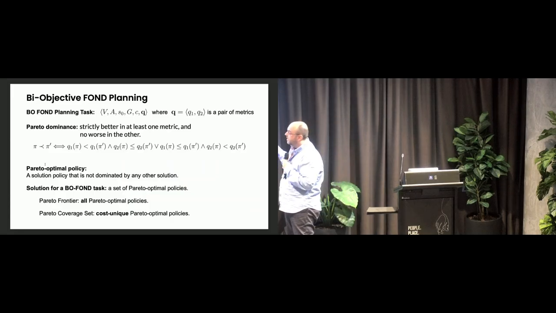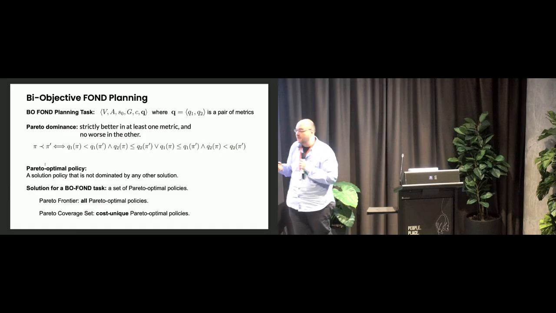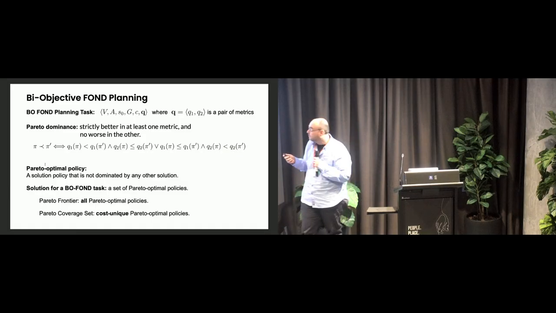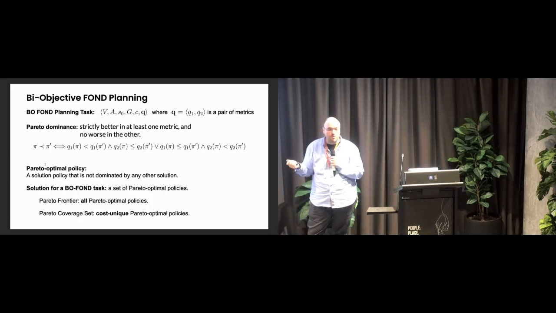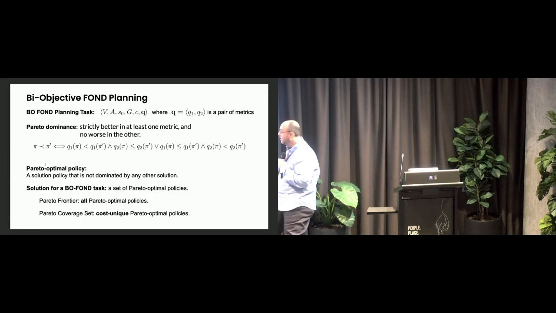So in bi-objective and general multi-objective optimization, you work with a weaker notion of optimality called Pareto optimality, which is defined through this notion of Pareto dominance. Pareto dominance says that a policy dominates another if it is strictly better with respect to one metric and no worse with respect to the other. And then a Pareto optimal policy is one that is not dominated by any other solution.